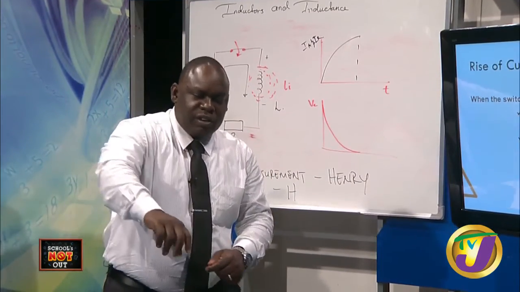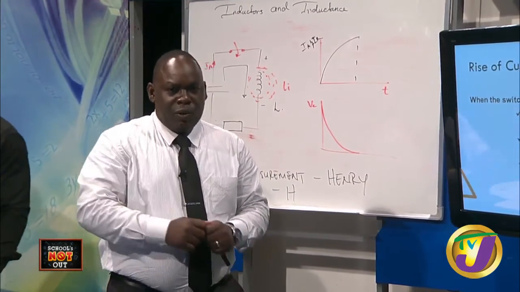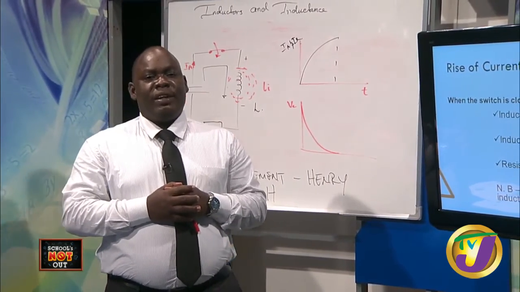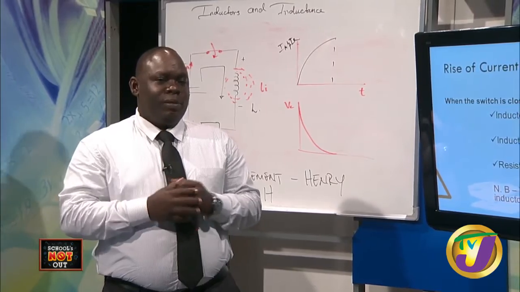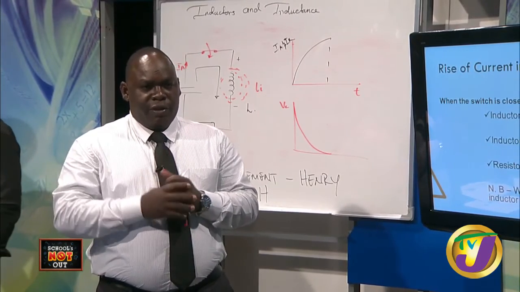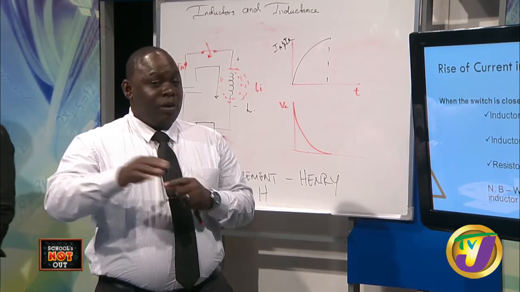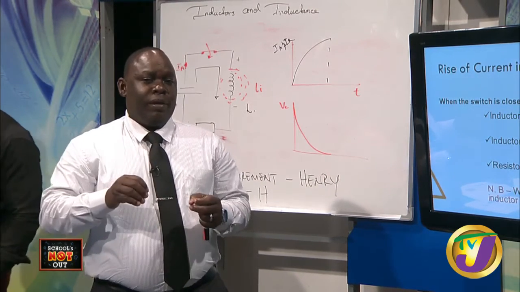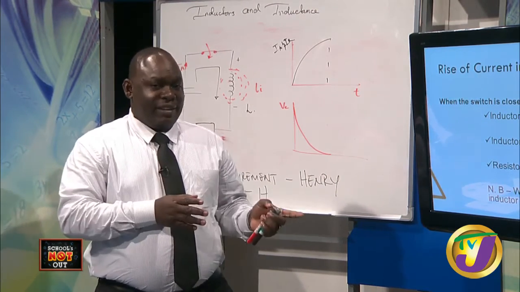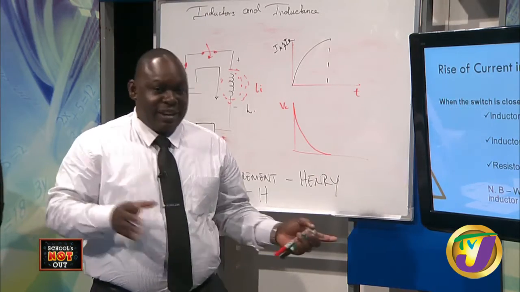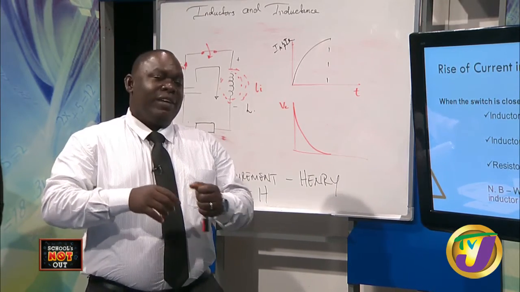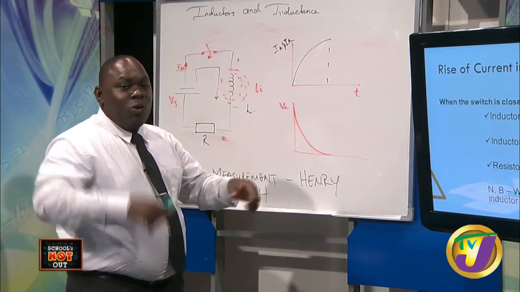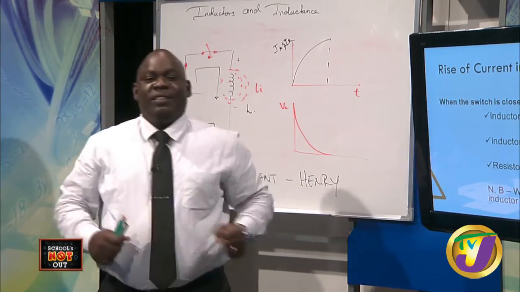Now you come and turn on the water pipe at full pressure. When you turn on the water pipe at full pressure, let us pay attention to what is going to take place. The first thing that you will observe is that water will be coming through the pipe. That water flowing through the pipe could be referred to as your current. The current flows through the circuit. But remember that just like this coil of wire that we have right here, the hose is wrapped up.